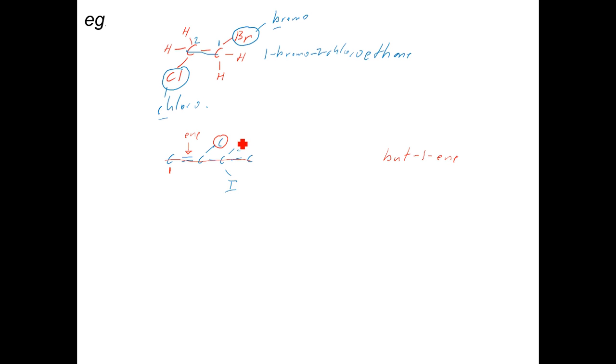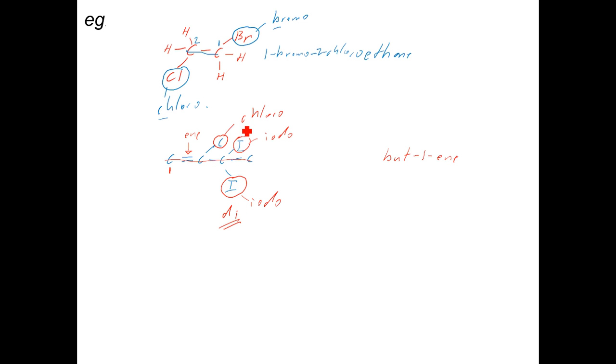And then I'm going to circle the branches that we have. So this one here is a chloro branch, like we saw up above. These ones here are iodo branches. And we have 2 of them. So we're going to end up with a diiodo, just like we did when we were naming the ethyl and the methyl branches. And we need to specify what carbon they're on.